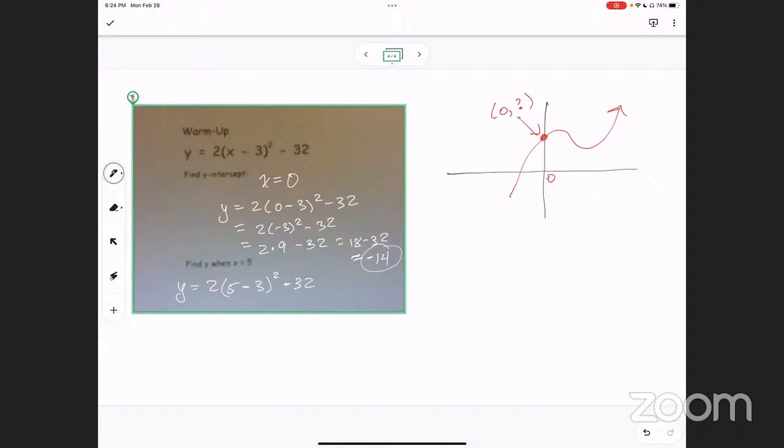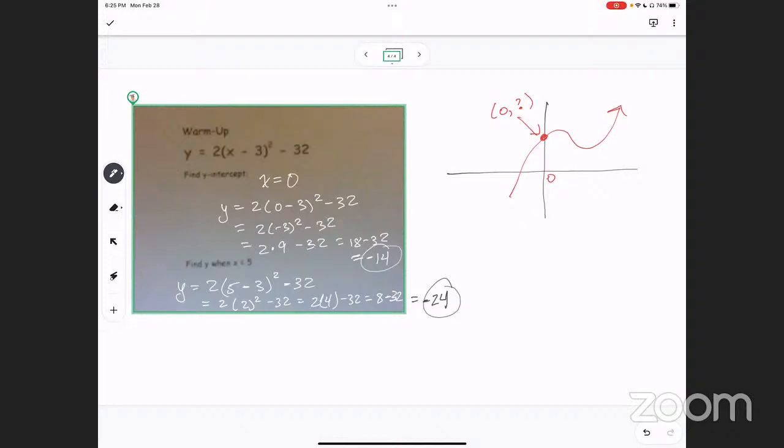So what's 5 minus 3? 2. 2 squared? 4. 2 times 4? 8. 8 minus 32? 24. Got it? Yeah. Make sense? Yeah.